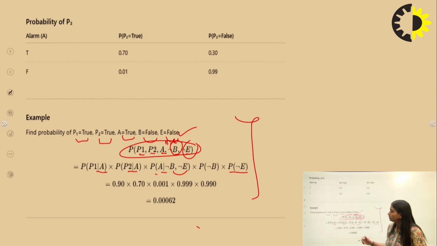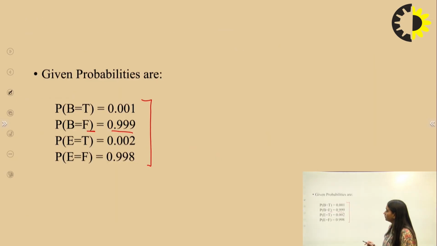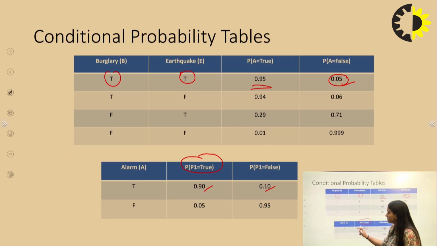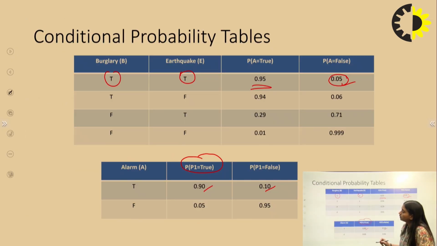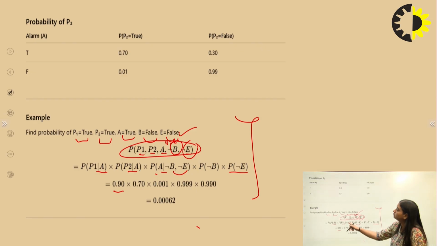For example, the probability of P1 given A: if the alarm rings, then P1 is true with 0.90. So the value is 0.90. P2 given A, meaning the alarm rings and P2 is also true, the value will be 0.70.